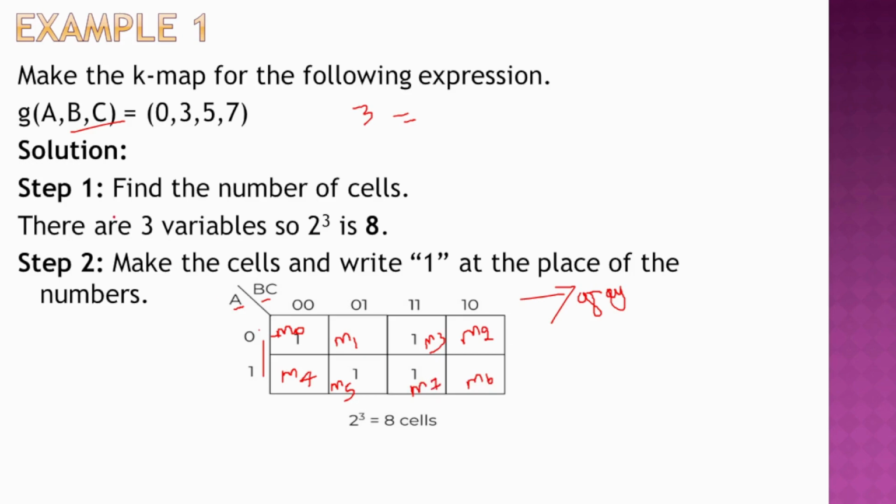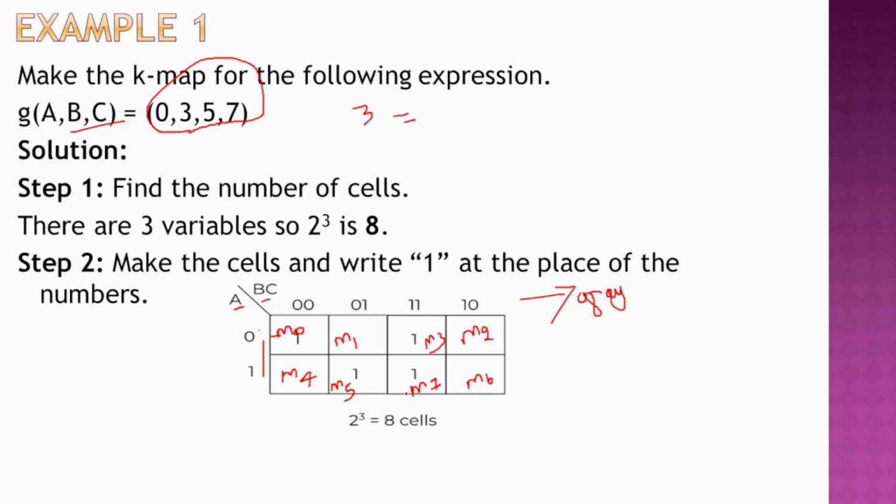The question is mentioned as the function g of a, b, c is 0, 3, 5 and 7. These are the m values, that is the minterm values. You need to mention these values as 1. M0 is the m0 value, so mention 1 there, and 3. Where is M3? You need to mention the value as 1 here. Afterwards, you need to fill the places 5 and 7. This is the fifth place and this is the seventh place.